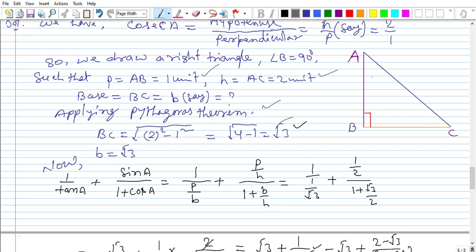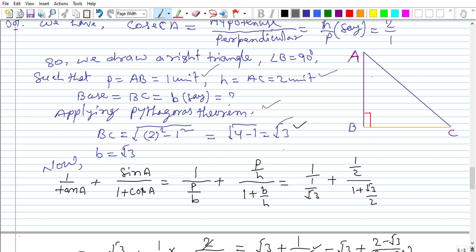Now we will write here 1 by tan A plus sin A by 1 plus cos A. Putting the ratios of that: 1 by P by B, perpendicular by base, plus P by H, perpendicular by hypotenuse. In the denominator 1 plus base by hypotenuse.